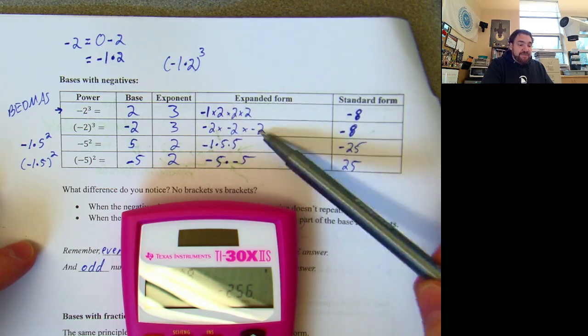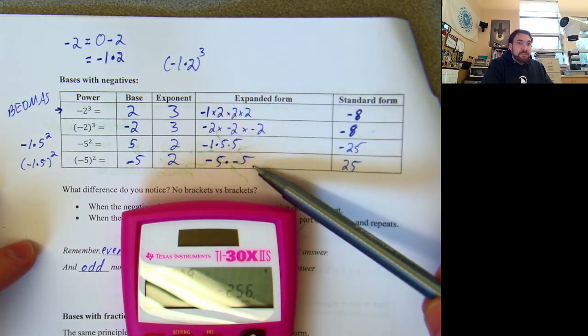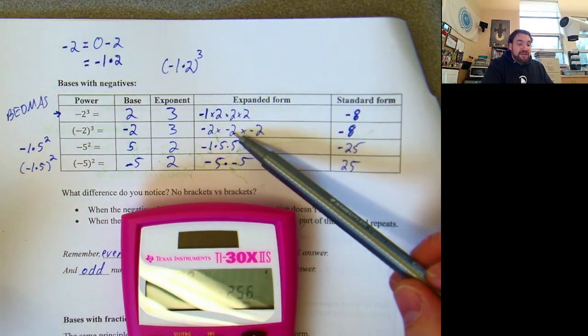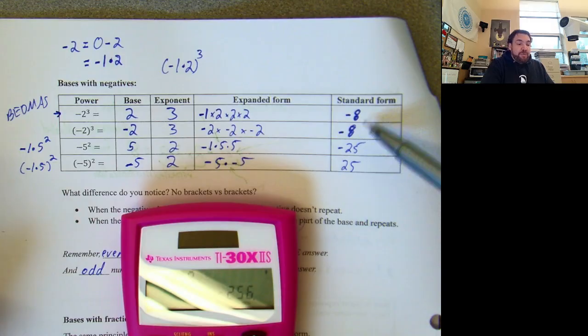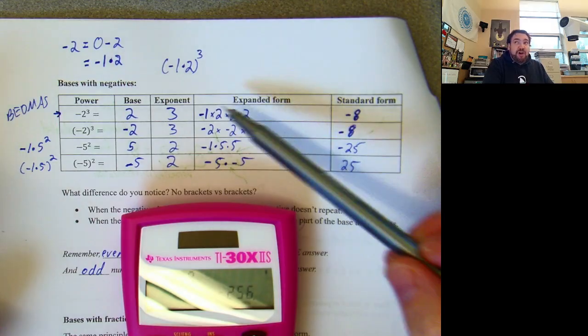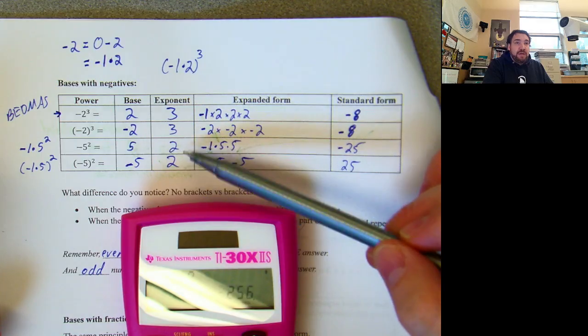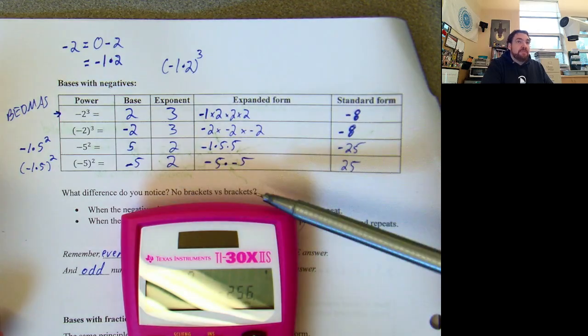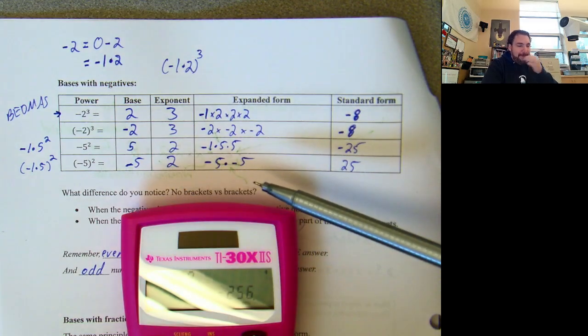This one is 3 negatives, this one's 2 negatives. This one is a negative times a negative is positive, times another negative is negative. What I'm trying to show you here is the difference between having an odd exponent and an even exponent, as well as the difference in notation. Does that make sense? Okay.